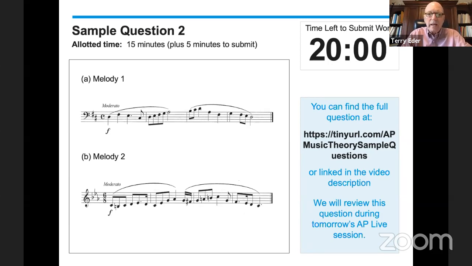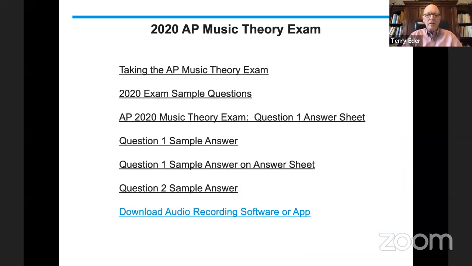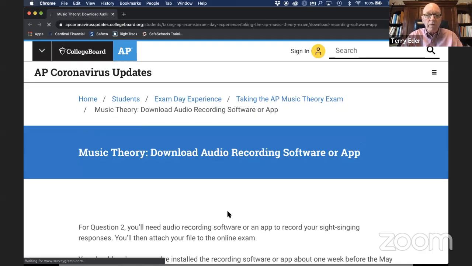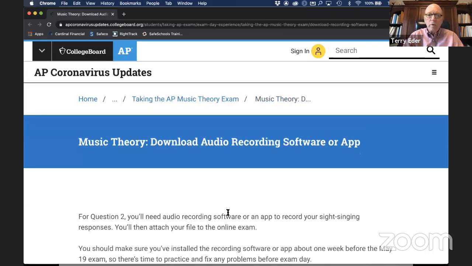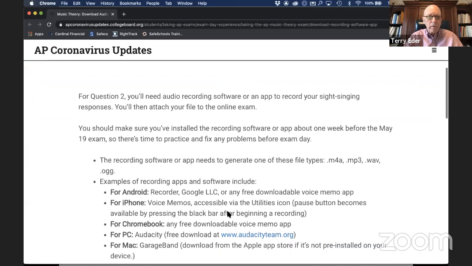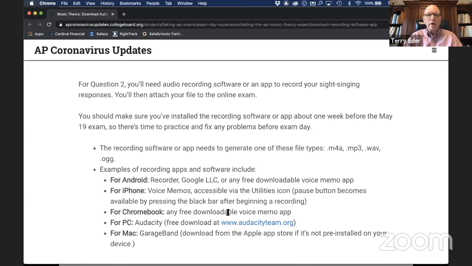Okay, here's what I'd like to do. I'm back to this page. I want to talk about the downloading audio software, audio recording software, or the app. So here again, it says for question 2, you'll need audio recording software or an app to record your sight singing responses.